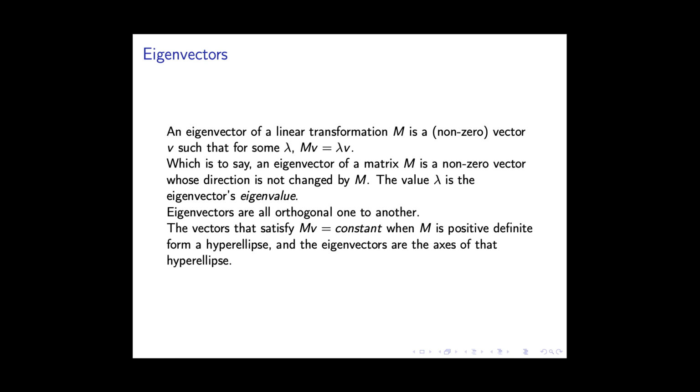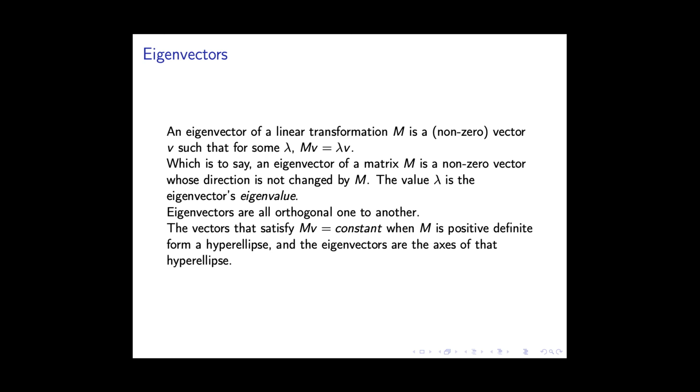One of the ways to think about these high-dimensional linear transformations is to think about what a surface looks like that satisfies, for any point on that surface, v, a vector pointing from the origin to that point, that Mv is a constant.